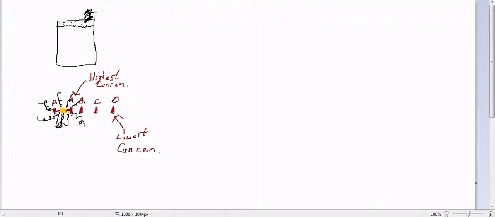And so I'll do an example here. If we're looking at Boyle's law, Boyle's law is P1 V1 equals P2 V2.